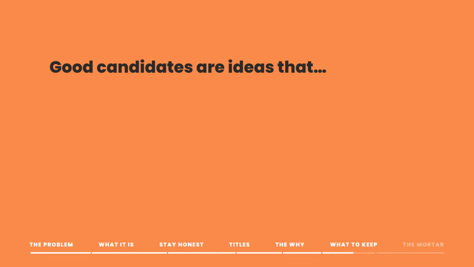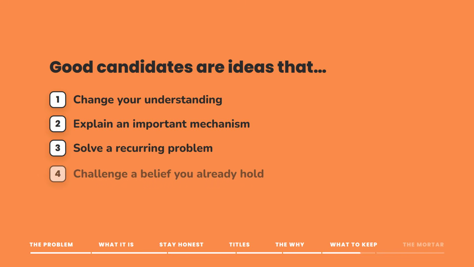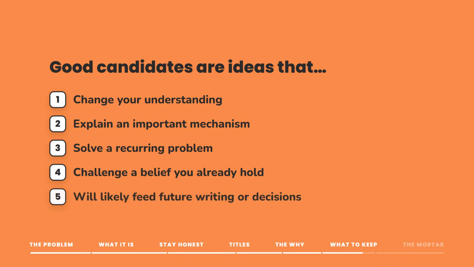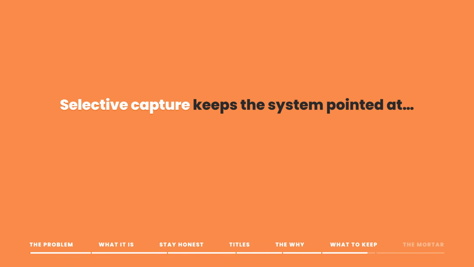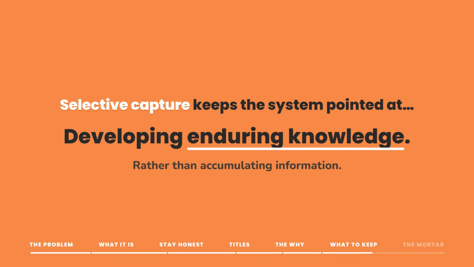Good candidates include ideas that change your understanding, explain an important mechanism, solve recurring problems, challenge existing beliefs, or are likely to contribute to future writing or decision making. Selective capture keeps the system focused on developing enduring knowledge rather than accumulating information.